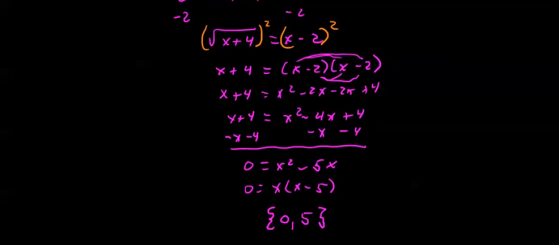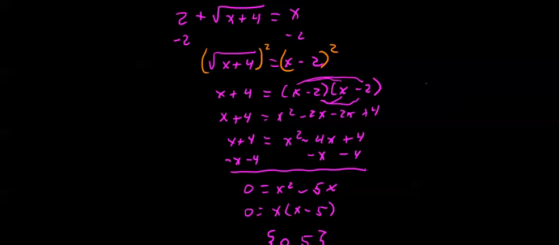The original equation was 2 plus the square root of x plus 4 equals x.